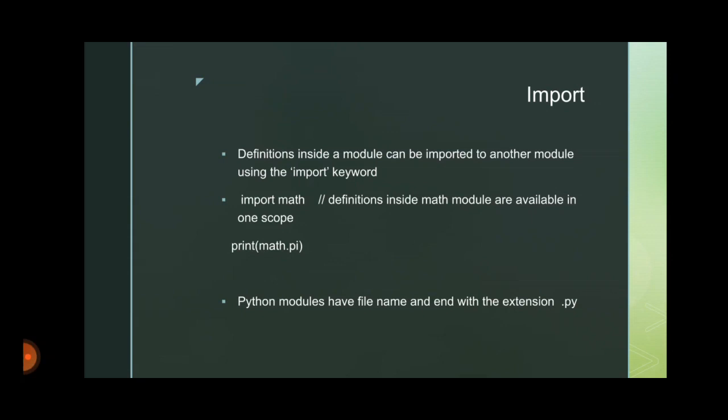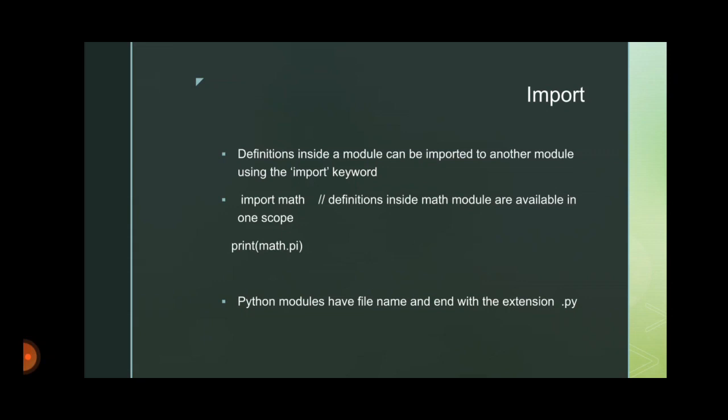So we have to use the keyword import, and after that specify the module name, that is math: import math. Then there is a variable named pi, whose value we all know is 3.14.